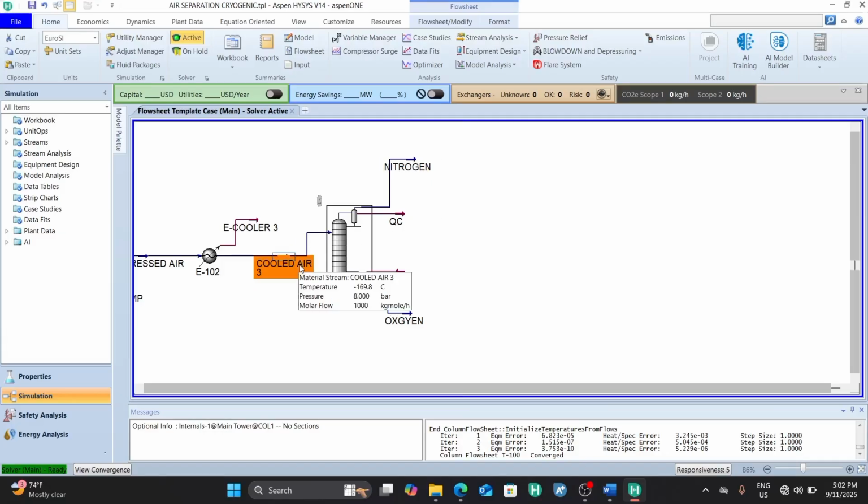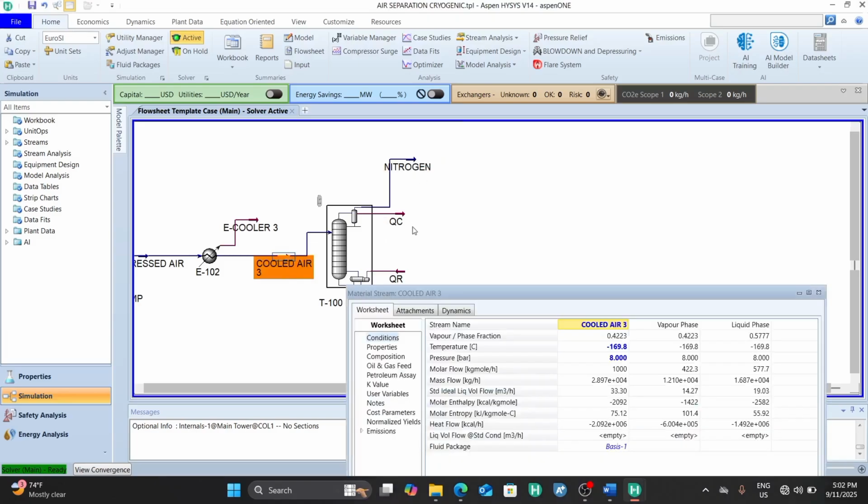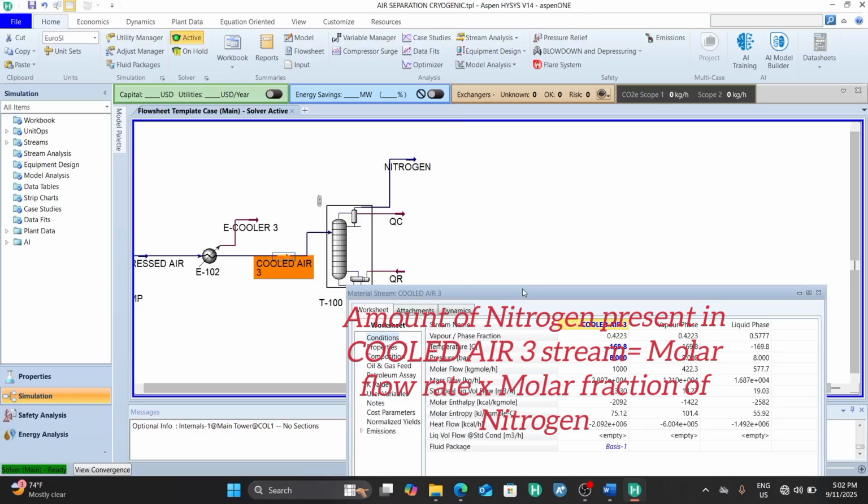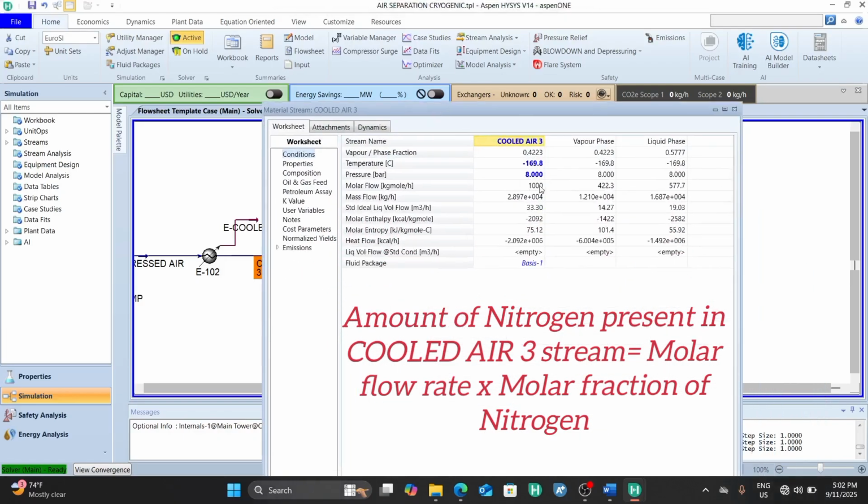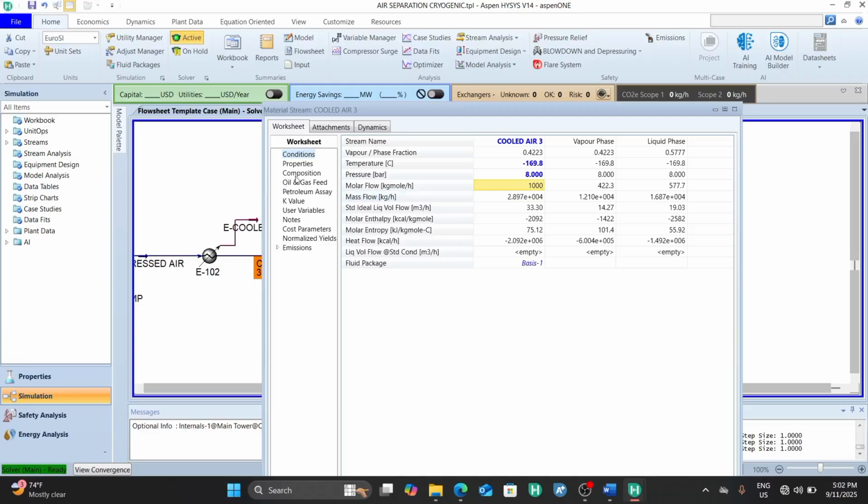So we need to compare the amount of nitrogen present inside our feed and the amount of nitrogen present in our nitrogen stream, basically the product stream representing nitrogen. To do that, we said we multiply the molar flow rate by our mole fractions, since we're working with the mole fractions, and we have 1,000 kilogram mole per hour here.